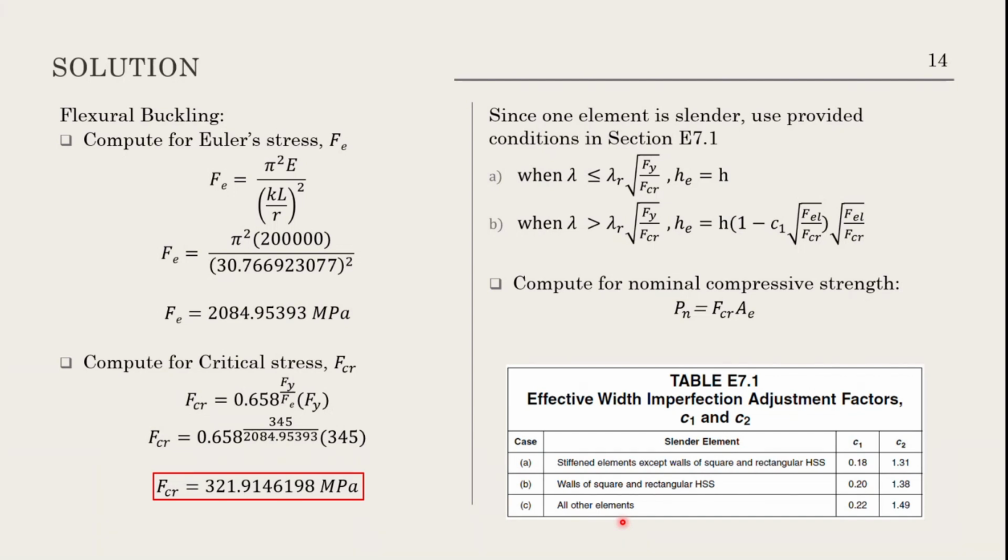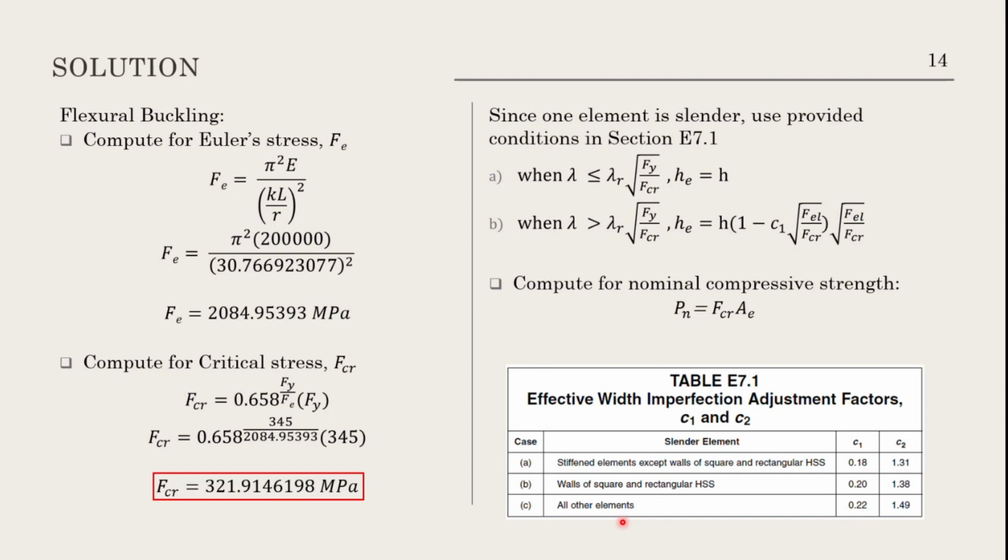So we have to understand carefully the meaning of the description. Okay. So for T-shape, both of the elements are unstiffened elements. The flange is unstiffened. The stem of the T is also unstiffened.